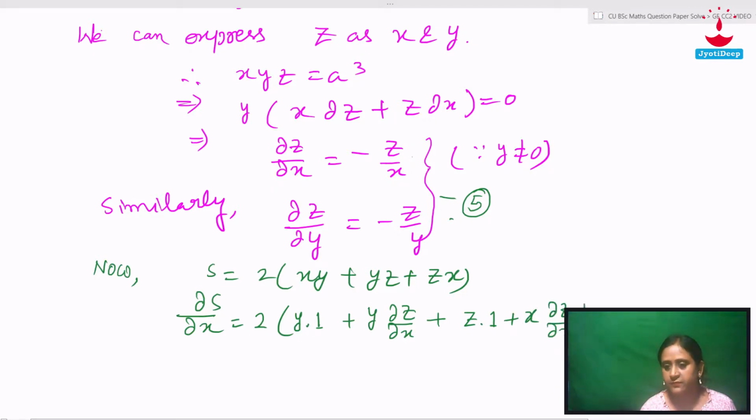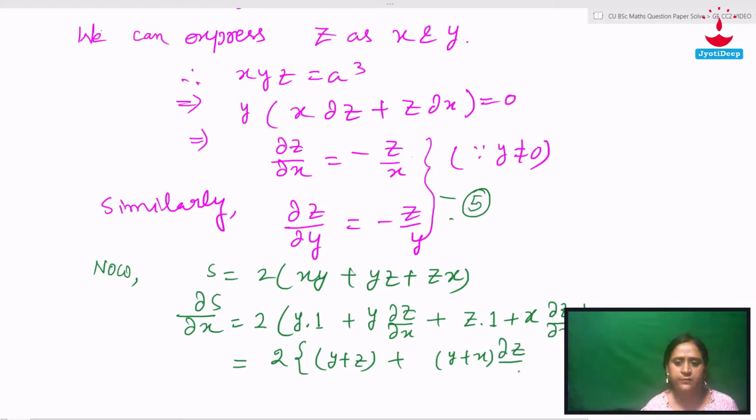Okay. So we will get 2 into y plus z plus y plus x into del z by del x. Here we are going to use del z by del x equal to minus z by x from 5.